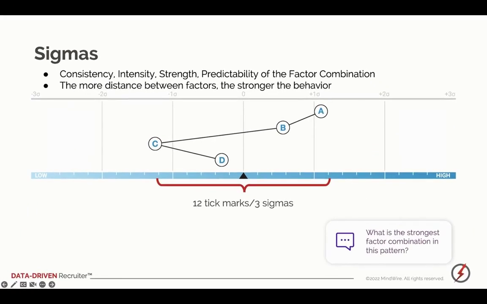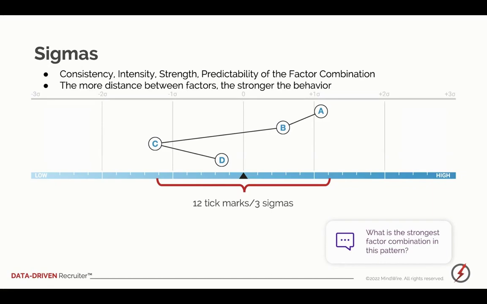We measure that in what we'll call sigmas. The way we can look at sigmas is the tick marks at the bottom of your graph. In this case, A happens to be higher than C and 12 tick marks apart from it. If I count at the bottom, I've got 12 tick marks. That tells me I've got 3 sigmas of A over C, and that's extremely strongly felt and expressed.